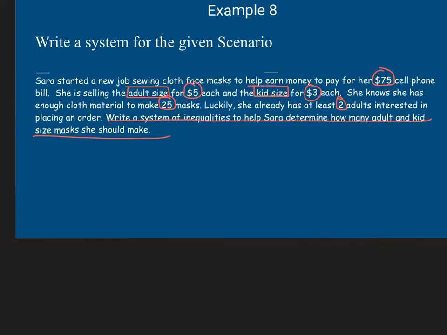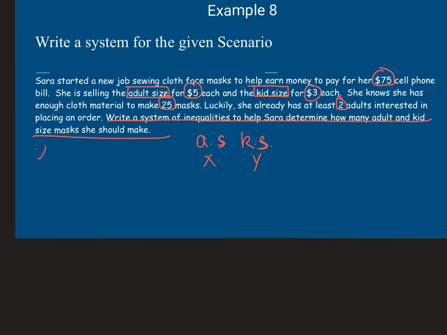So we know, since we're working with systems, we're going to have to label. So let's make our adult size the X, and let's make our kid size the Y. Alright, those are the 2 variables we are going to use here. She knows she has enough material to make 25 masks. So she has enough to make a total of 25.